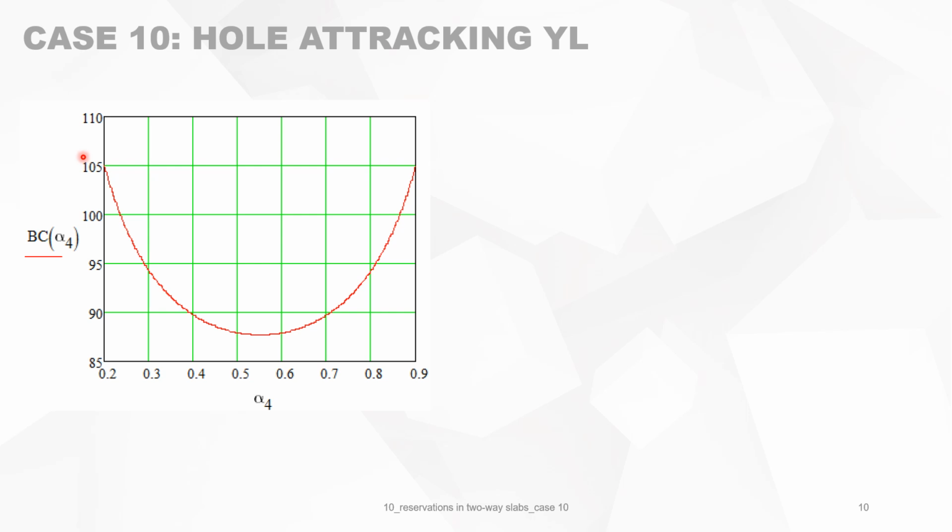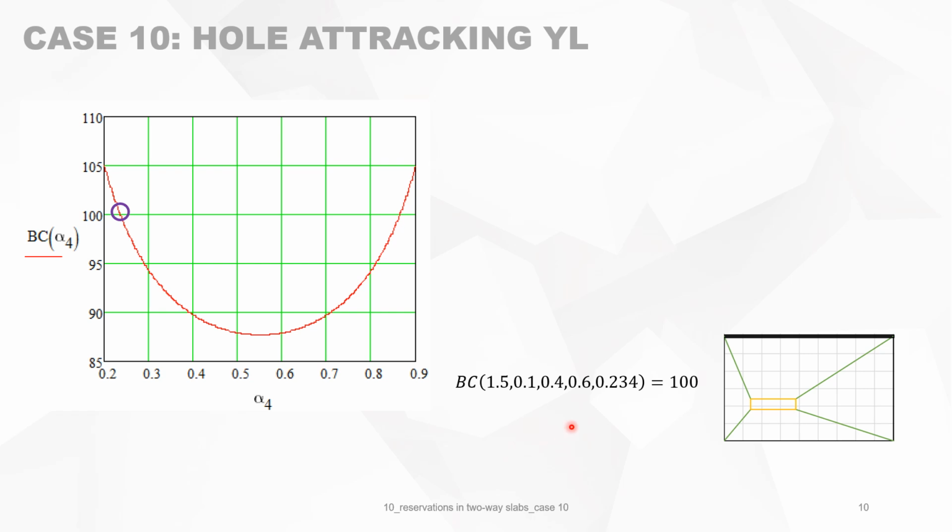Now, for this particular case, we can make a graph of the bearing capacity in function of alpha 4. It means that we have a slab with geometry 1.5, so B is 1.5a.